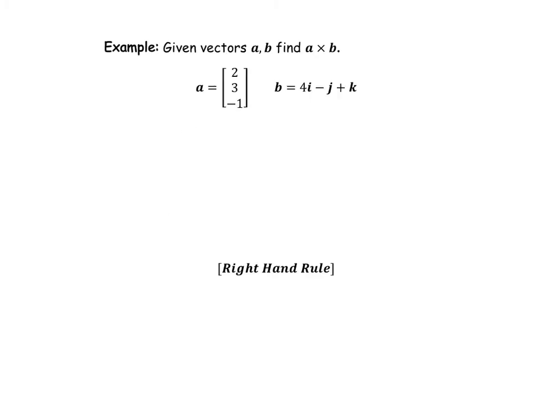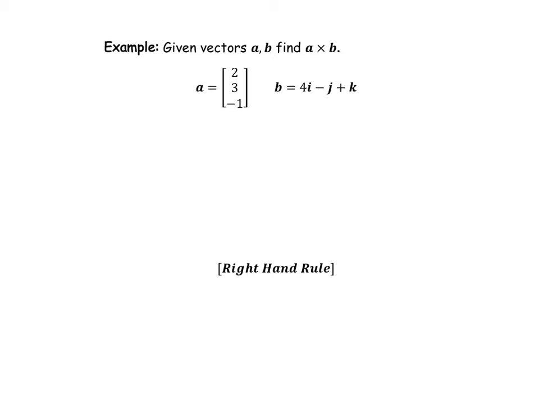Okay, on this slide here, what I'd like to do is cover an example of the vector product, also known as the cross product, of these two 3-dimensional vectors A and B. And then I'd like to talk about what's called the right-hand rule. So let's go ahead and get into it.